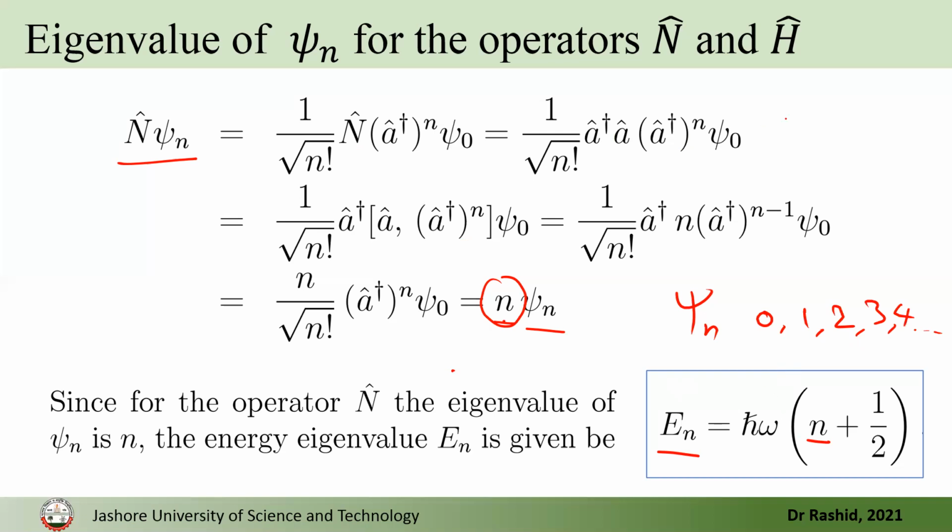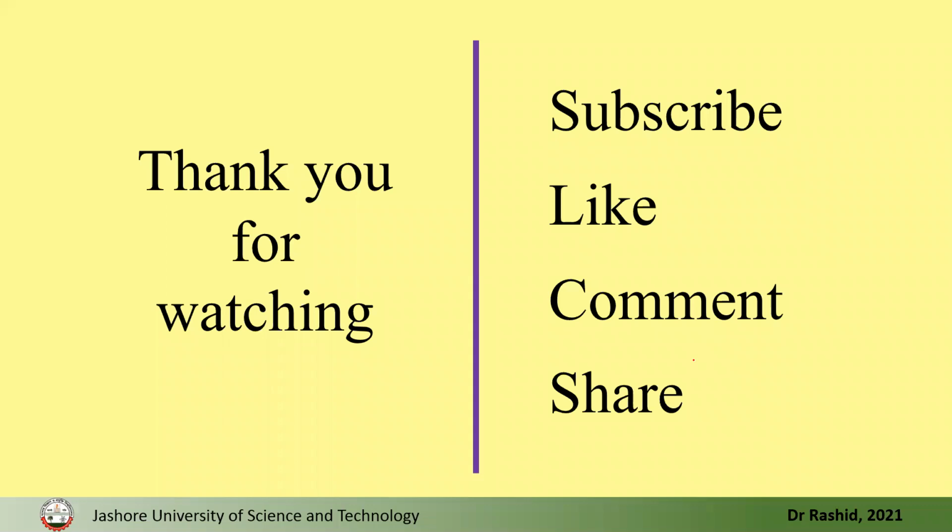It can be half h bar omega, or 3 by 2 h bar omega, or 5 by 2 h bar omega, or it can continue like this, but it cannot have any value in between. So the energy of the quantum harmonic oscillator is quantized. That's all for today. Thank you.